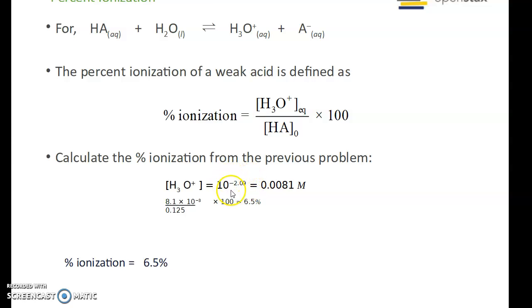And if you take the log of this right here, it's going to be 0.0081 moles. So you have this molar concentration times how much you had in there, okay? That means you have 6.5% ionization, okay?